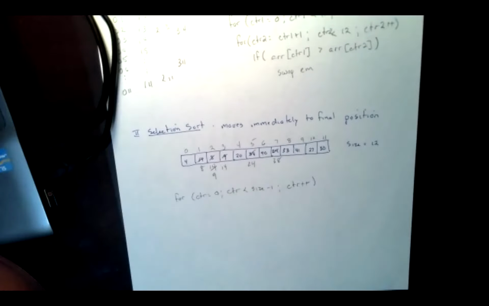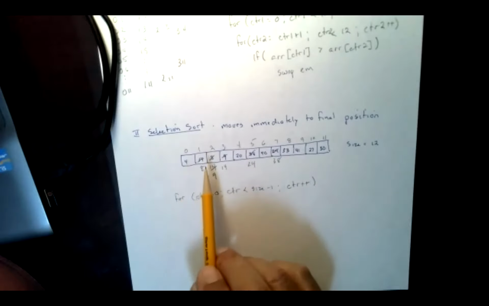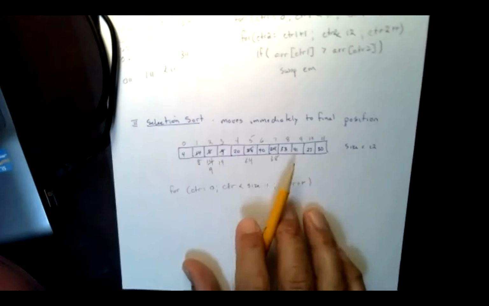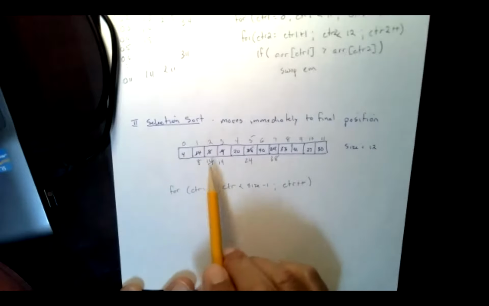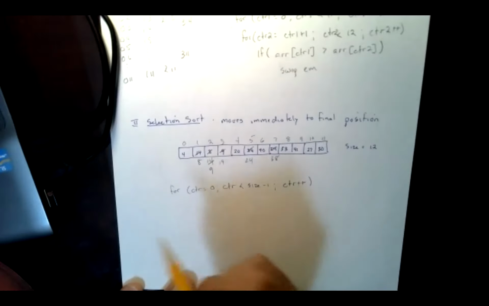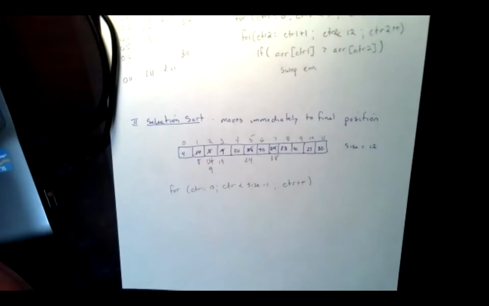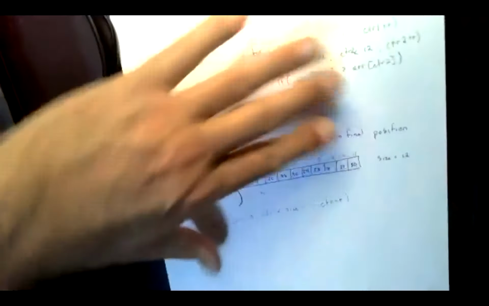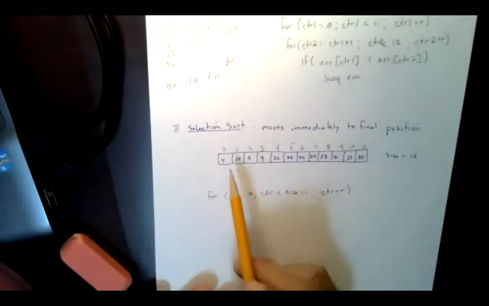So far, so good. Now I want the 0 position and I want to go through the rest of them. But I also said I needed to keep track of if something was smaller. So when I went through this, I did 0, okay, and 4.